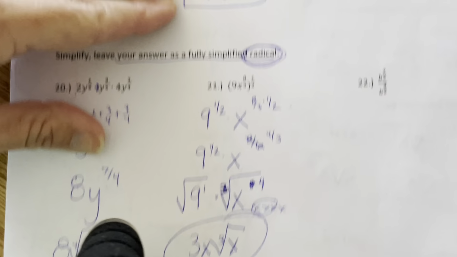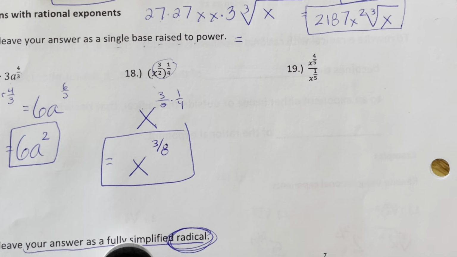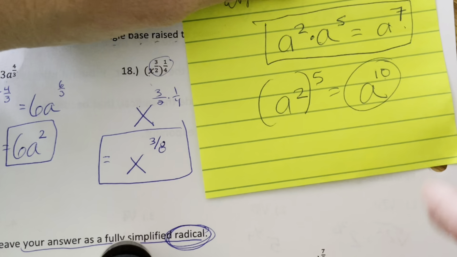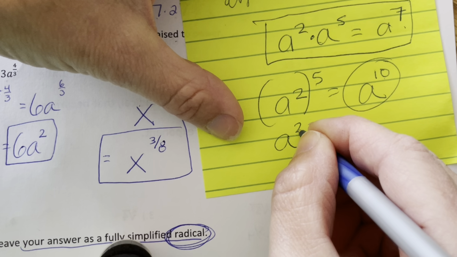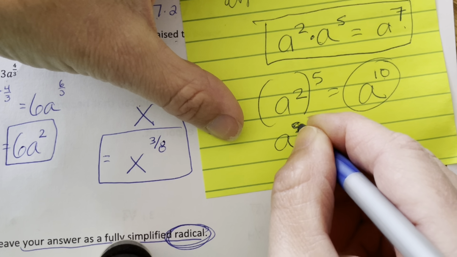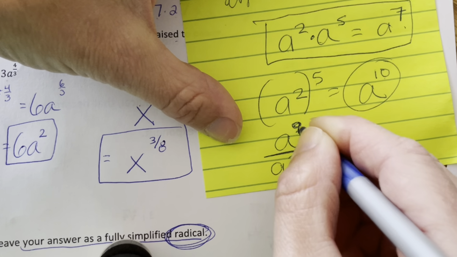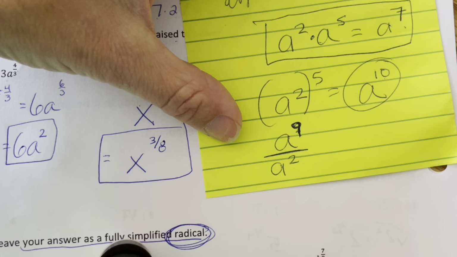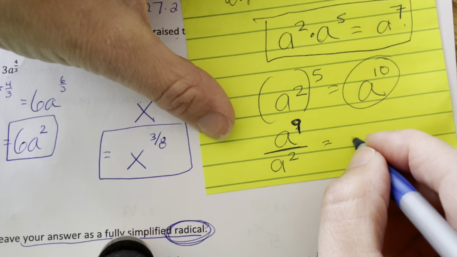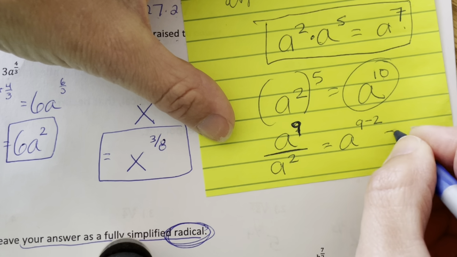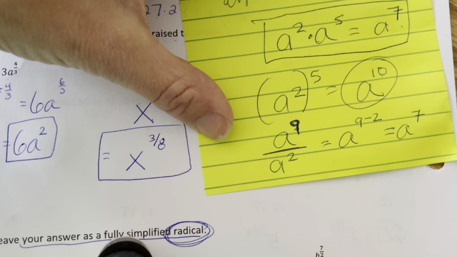All right, whew. Last two is our third big exponent rule to remember. And that is when, let me make this a 9. When I have division, same base with powers, I subtract the powers. This becomes a to the 9 minus 2. So this becomes a to the 7th.